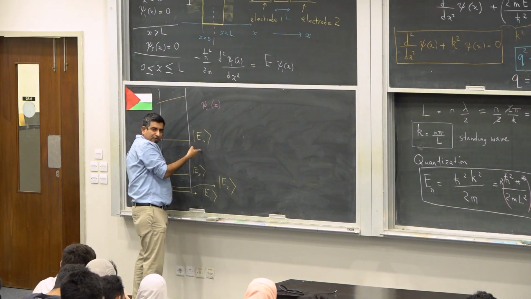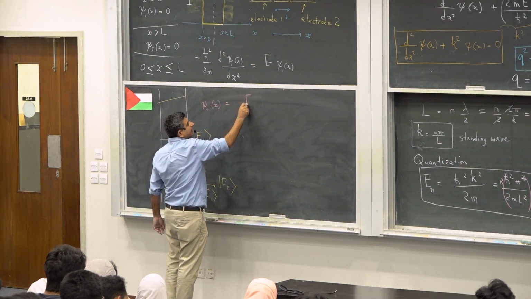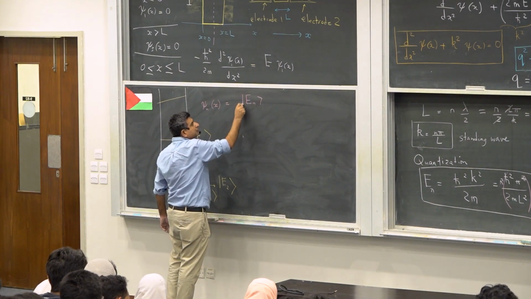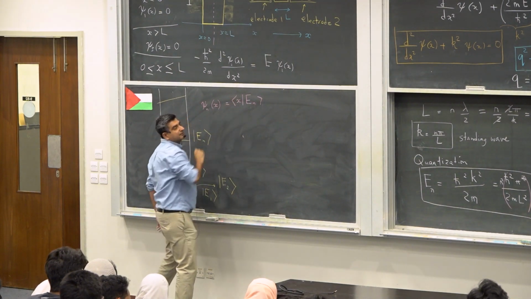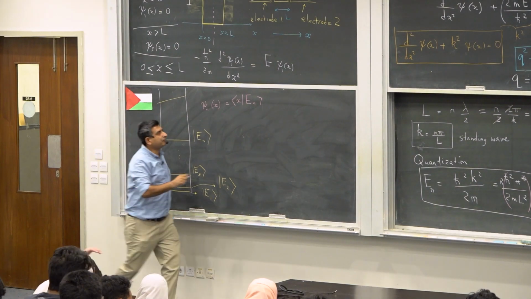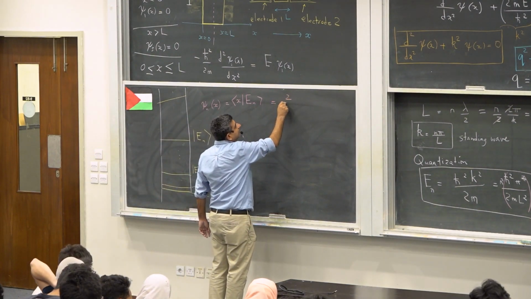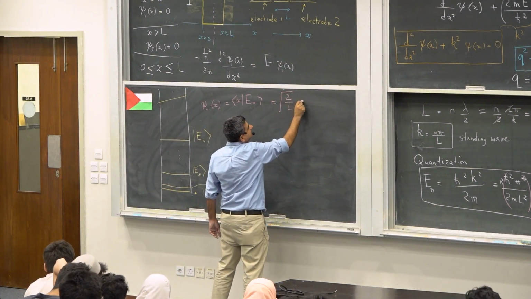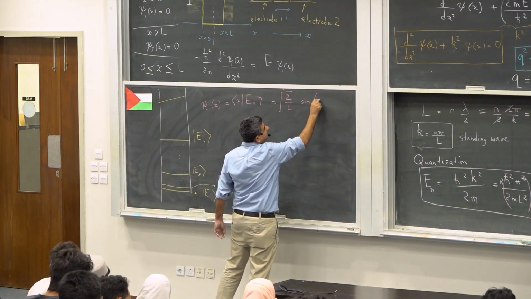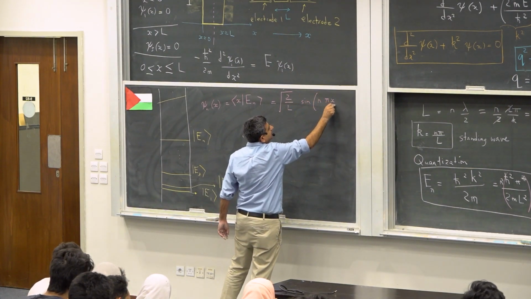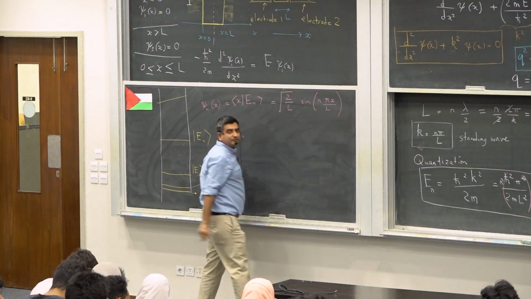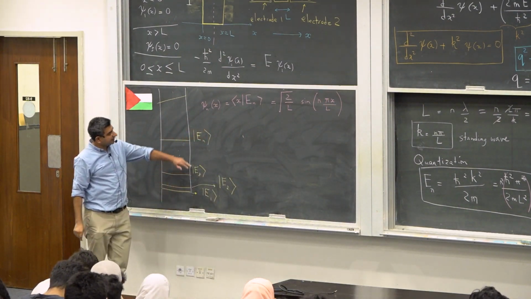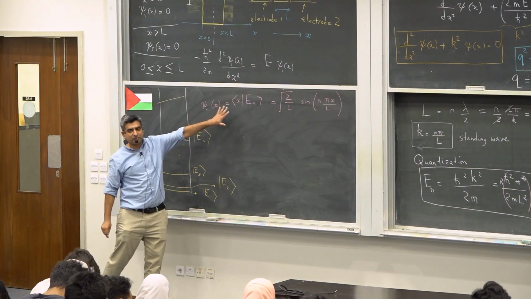It is this quantum state En projected onto space, and that will be square root of 2 over L sine of n pi x over L. Correct? So these are just kets over here. These are the corresponding wave functions.